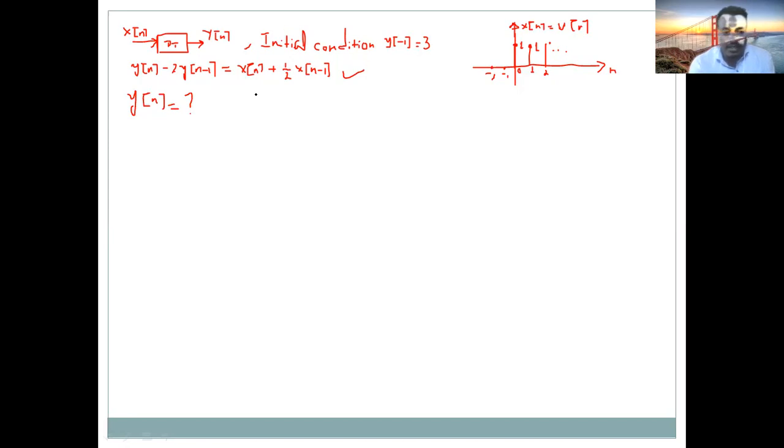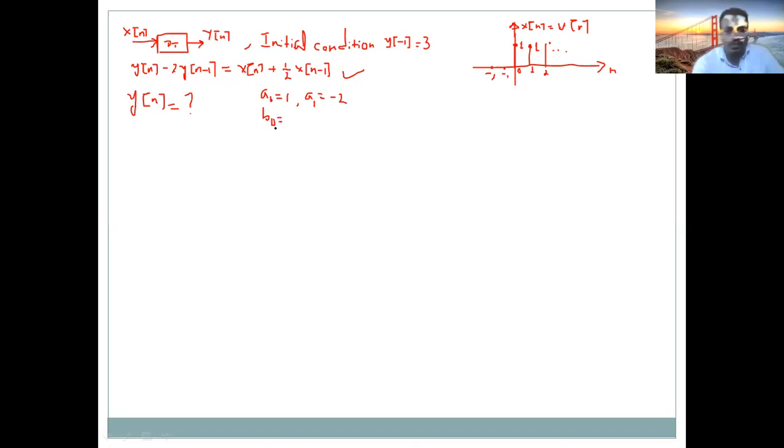Before that, is this system linear or not? So let's check the coefficients. What's the coefficient of y of n, which is a0? It is 1. Coefficient of y of n minus 1, a1, is -2. These are coefficients on the output side, and b's are coefficients on the input side.